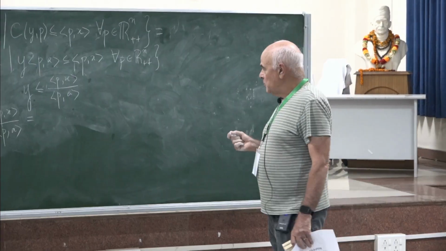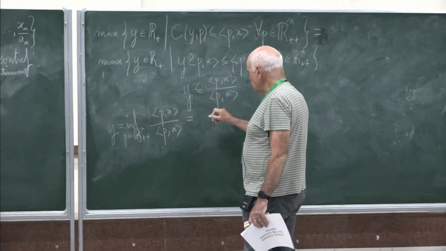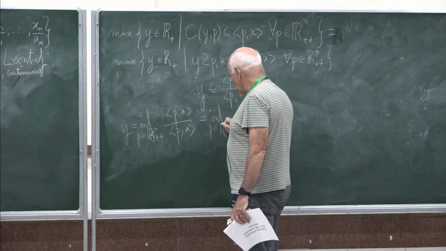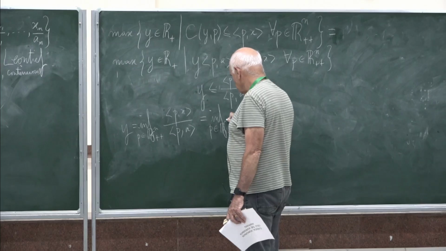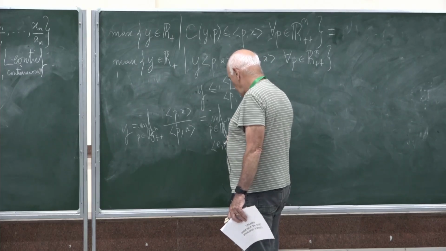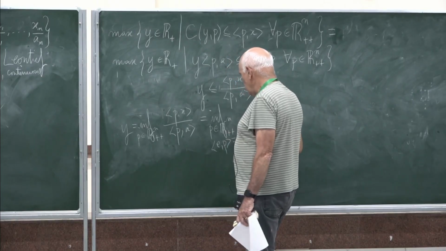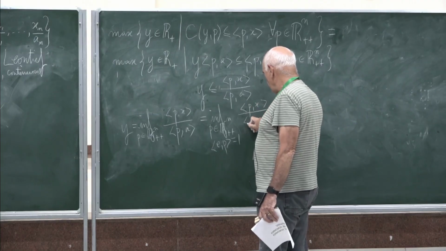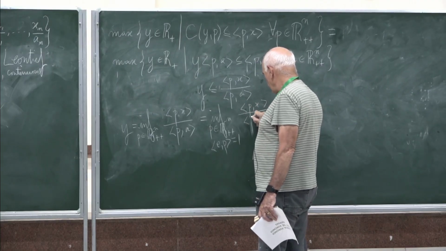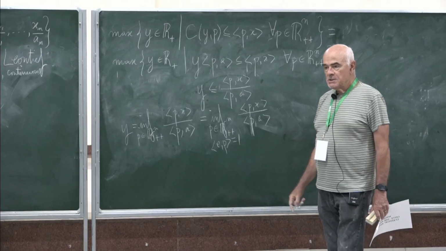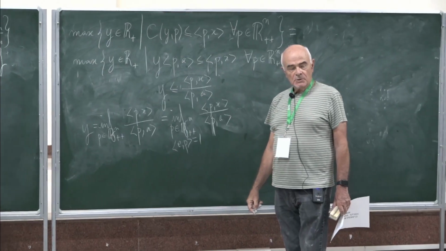This means if you normalize by adding the extra constraint e times p equal 1, nothing changes. Do you agree?